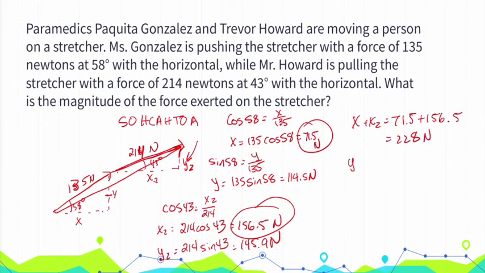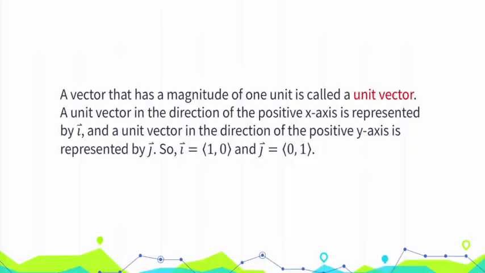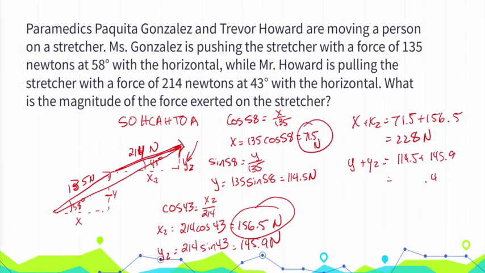And y plus y2 is going to be 114.5 plus 145.9, which is 260.4 newtons. So as a vector, this is <228, 260.4>.